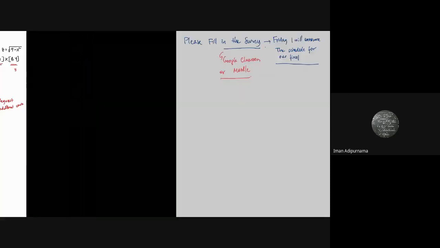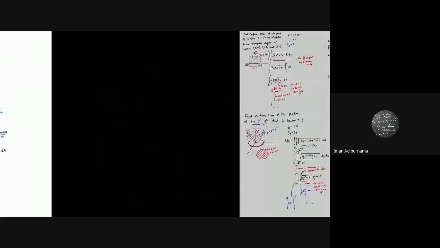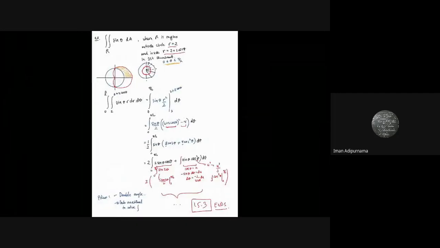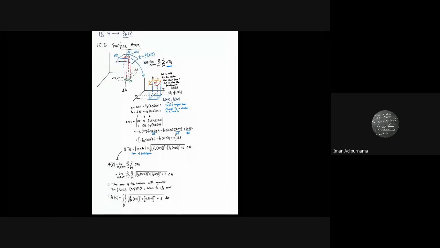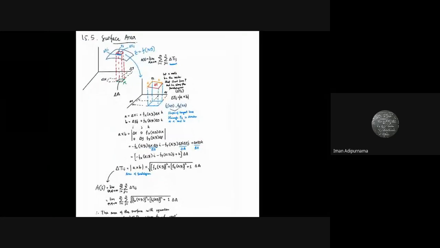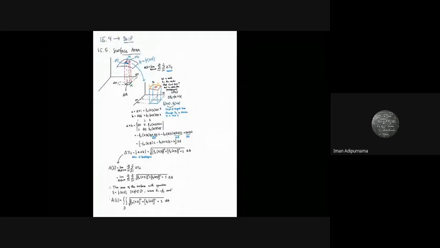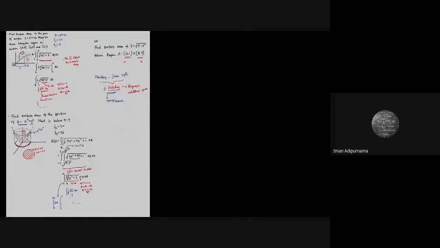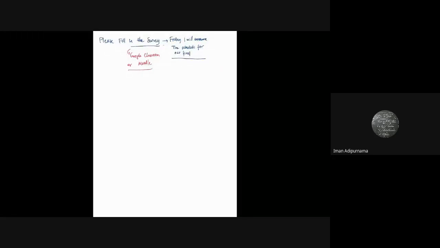We have actually discussed until 15.2, 15.3, the polar, and then 15.5, the surface area. Remember that we are skipping all of 15.4. Okay, now let me give you an example.